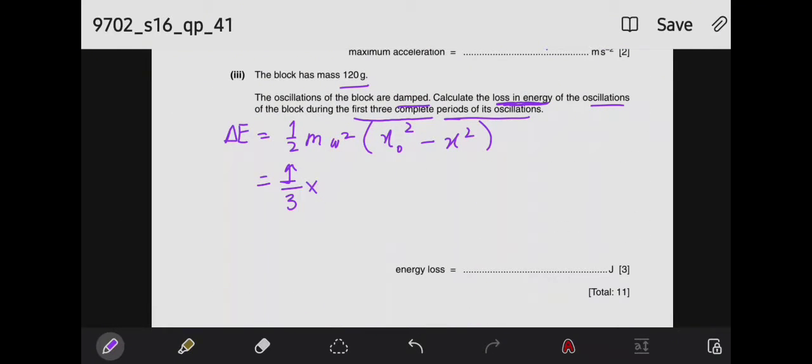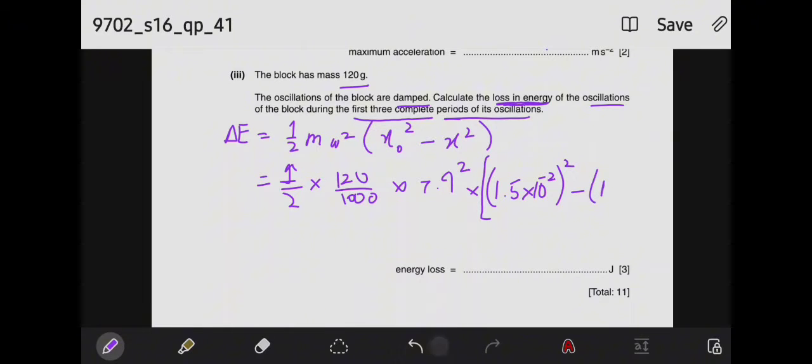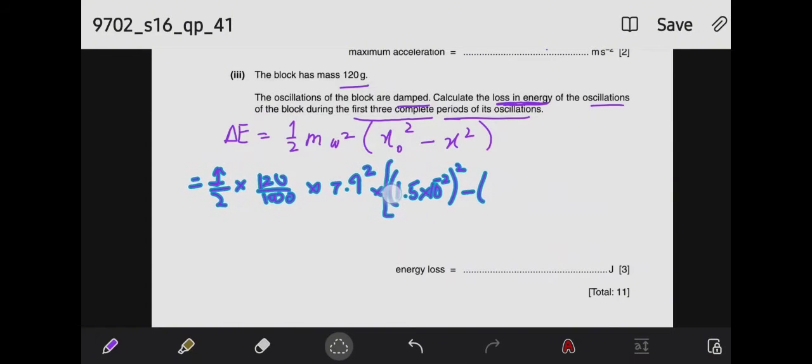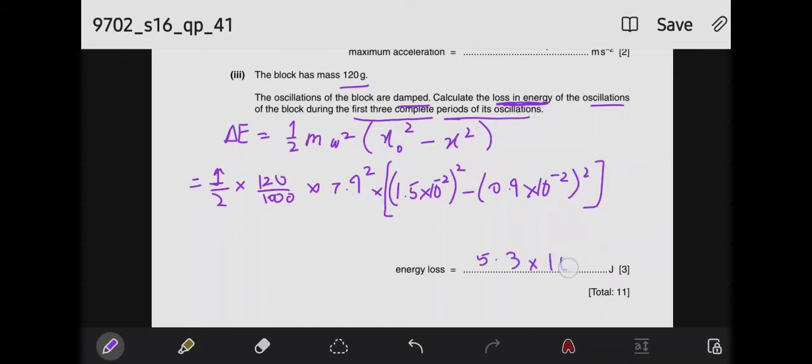So half into mass, which is given as 120 divided by 1000 for kilogram, into omega square, which was 7.9 square, into x naught square, 1.5 into 10 to the power minus 2 square, minus 0.9 into 10 to the power minus 2 square. This would give us an answer of 5.3 into 10 to the power minus 4 joules.